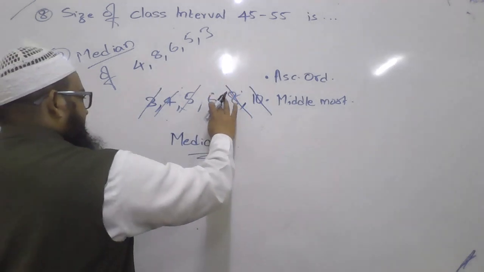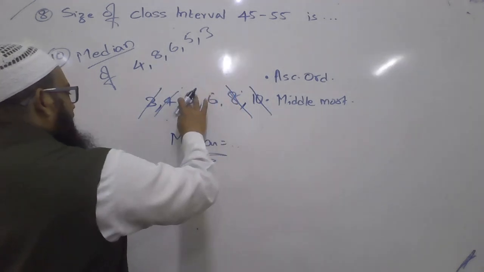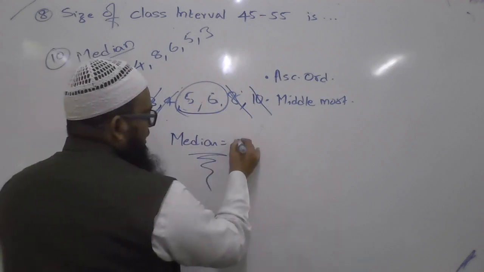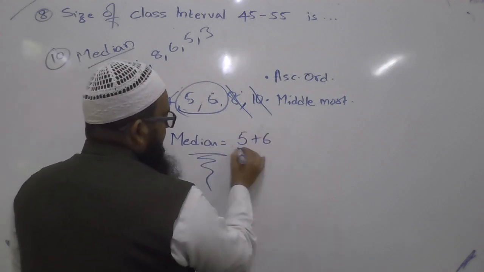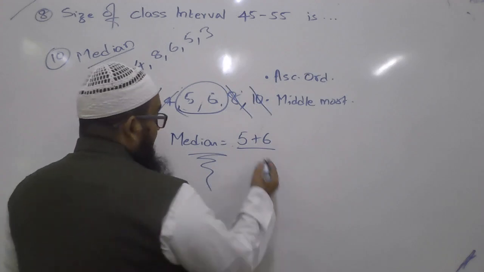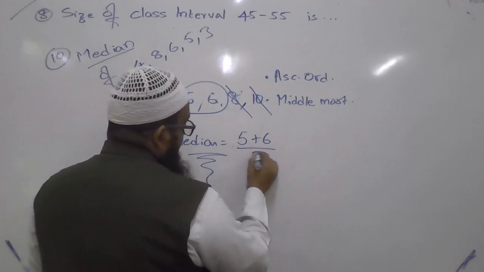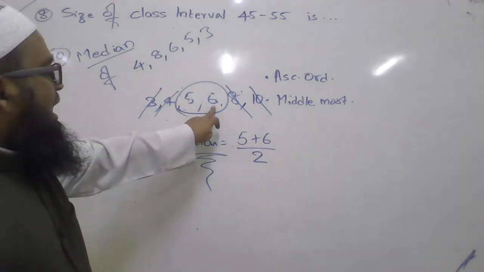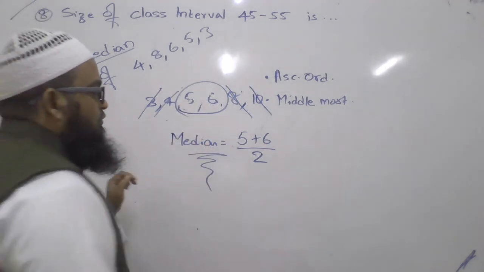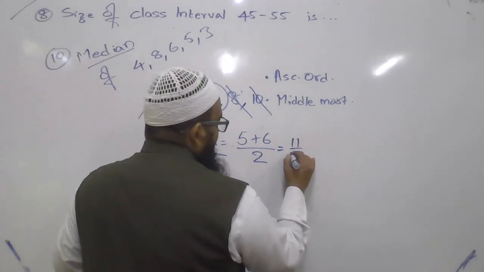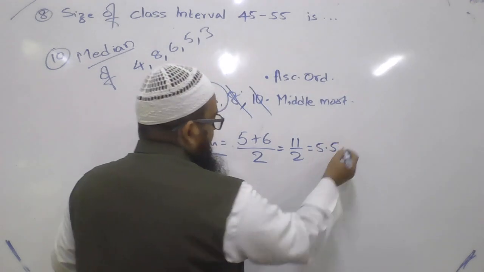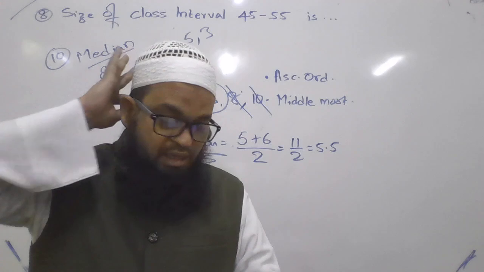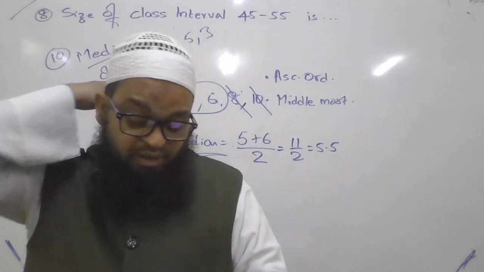If there is even data, you will have two middle terms. So what you are supposed to do? For the median, you take both the middle observations and find the mean of them. Mean means you add and divide by 2. 5 plus 6 is 11. 11 by 2 is 5.5. Understood? Listen to these problems carefully and then do it, my dear students.